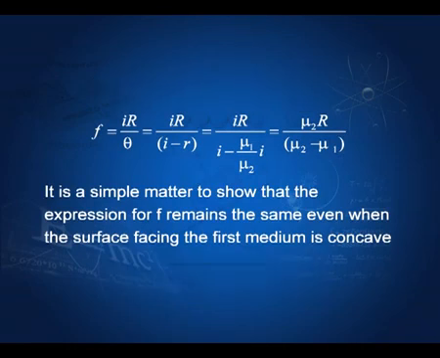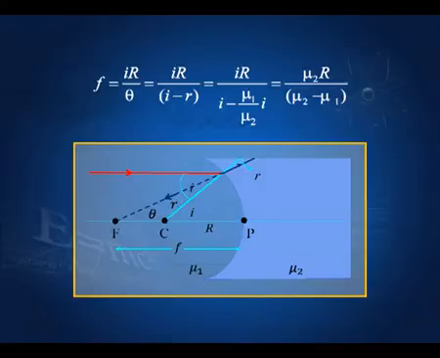It is a simple matter to show that the expression for f remains the same even when the surface facing the first medium is concave. So, let us now have a surface which is concave to this medium mu 1, and this ray comes, gets refracted, and it appears to come from this point f.